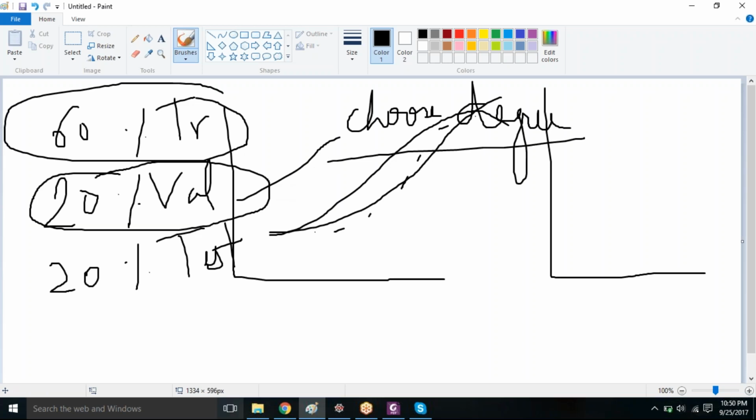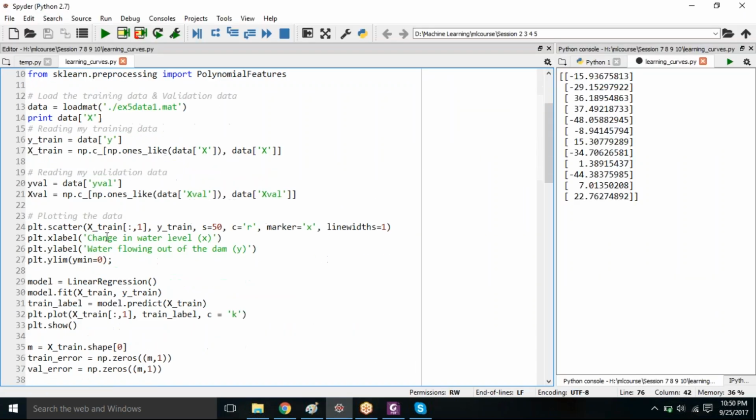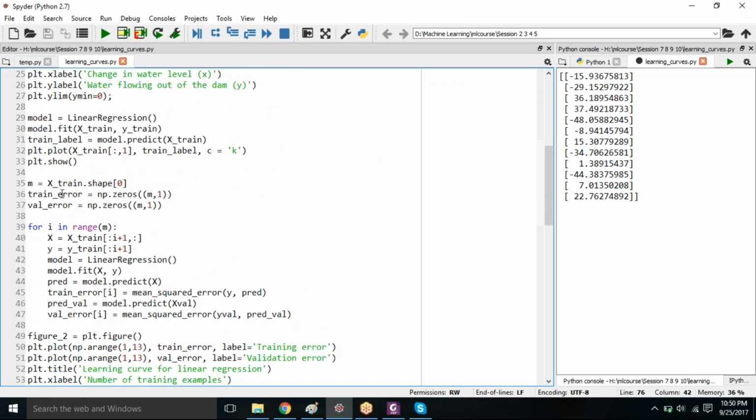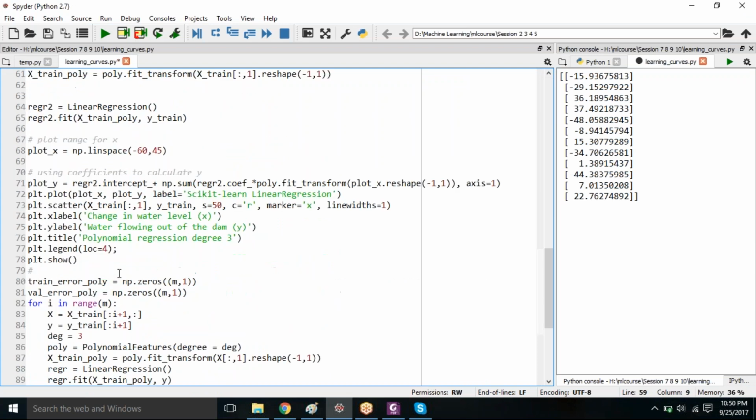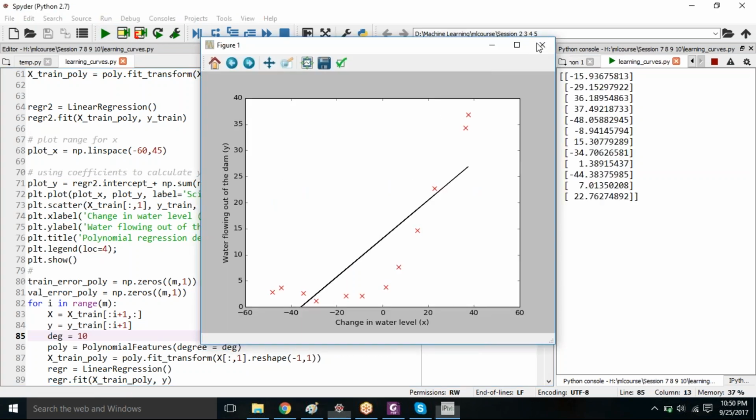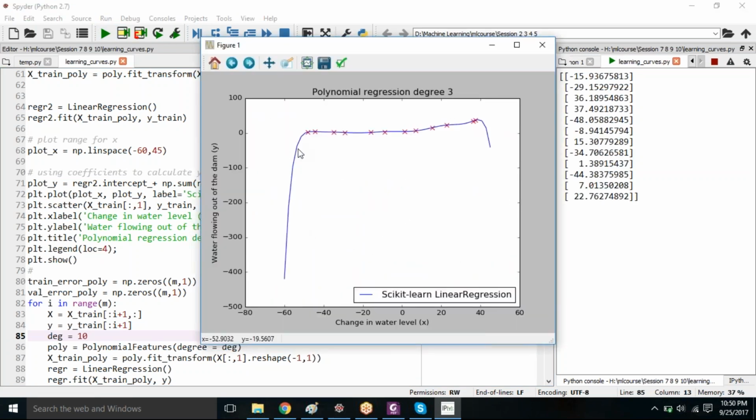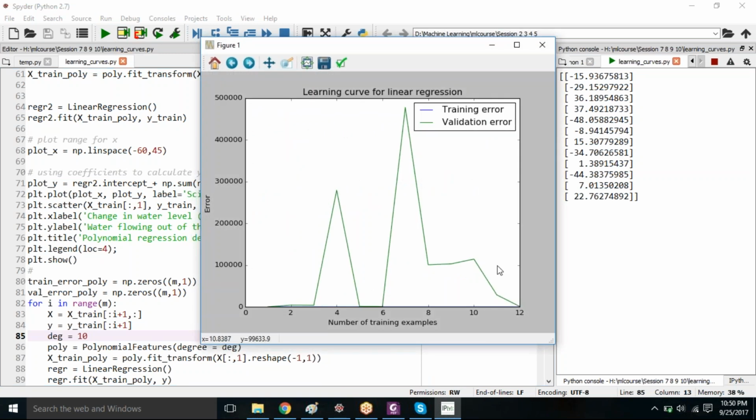In the same example, I had taken 10, and you see the validation error fluctuating very hugely.